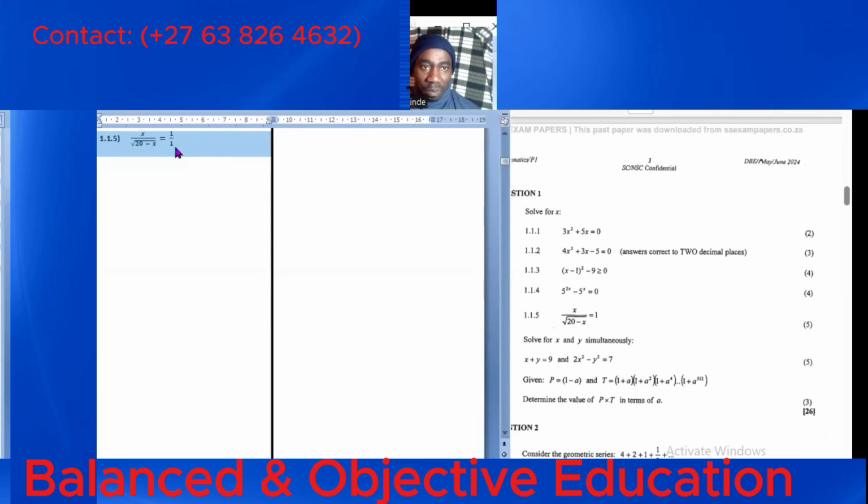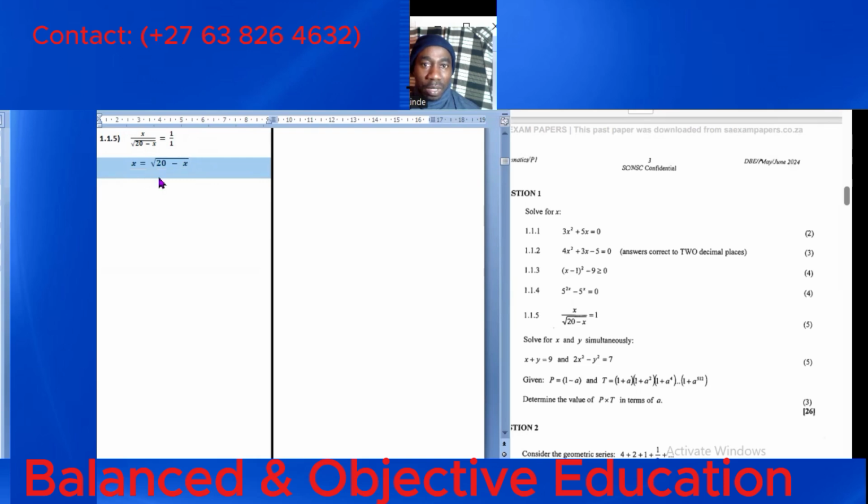So if we cross multiply here, we would have x equals the square root of 20 minus x. If you cross multiply, 1 times x will be x, then the square root of 20 minus x times 1 remains the square root of 20 minus x.